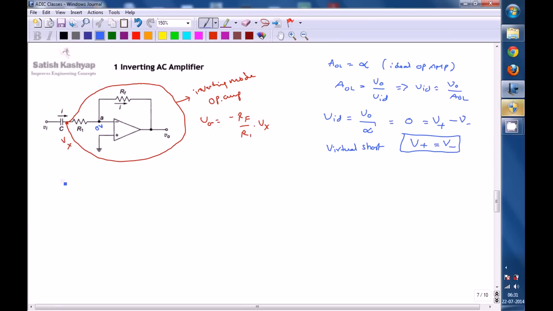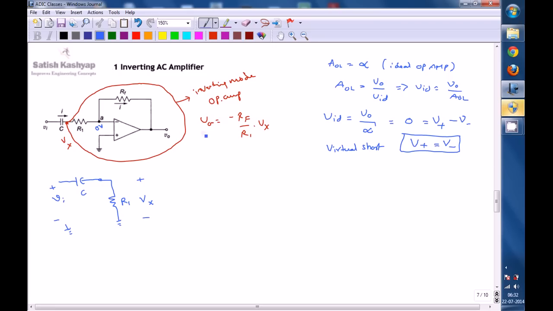So Vx can be drawn in this way. This is R1 and this is C, where you apply the input Vi, and Vx is the voltage drop across R1. Now this is a simple high pass filter. The output of the high pass filter is Vx, which is applied to the inverting op amp.